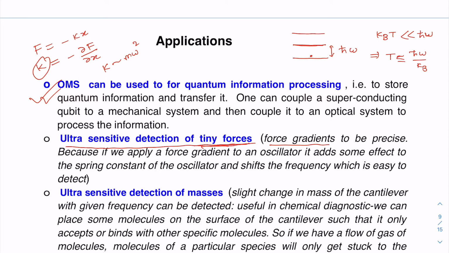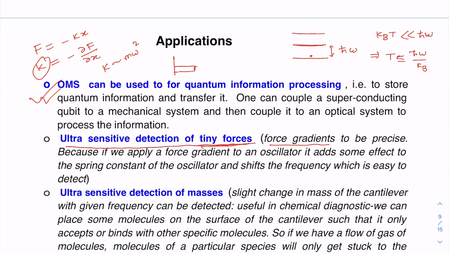So that's how we can make ultra sensitive detection of very tiny forces. In a similar way, we can have ultra sensitive detection of masses. Say this is the cantilever: if some mass is added to the oscillator, then its spring constant gets changed, and because of that there is a shift in frequency which can be detected. This way ultra sensitive detection of masses is also possible.